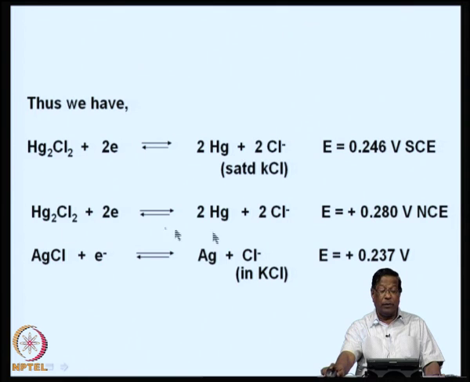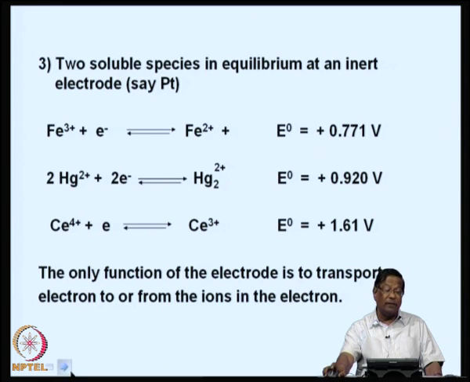This is known as the standard calomel electrode, a mercurous chloride solution in presence of saturated KCl solution. The same reaction can be represented, but it shows 0.280 versus the standard hydrogen electrode. So, AgCl will show you 0.237 volts. So, all these reactions can be used as reference electrodes.